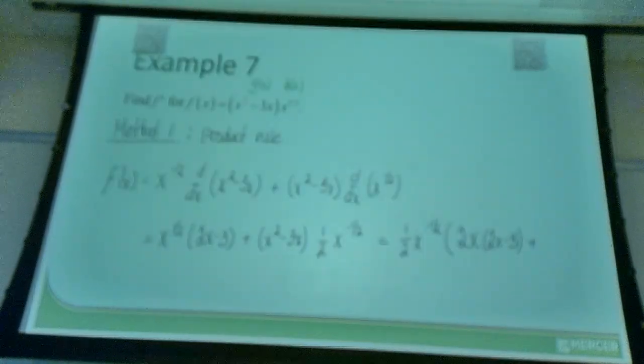This shouldn't be that difficult. 1. It's 1. Factor x to the minus half out of x to the minus half, what are you left with? 1. Means that the second term is going to be left with x squared minus 3x.